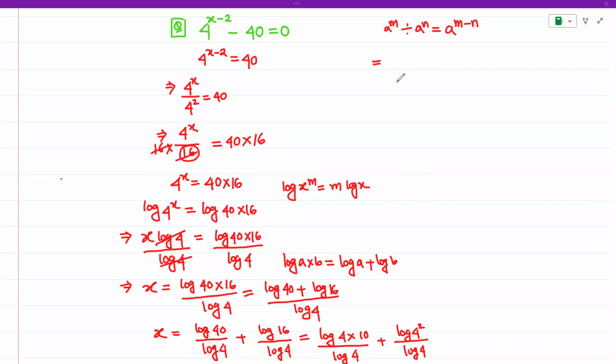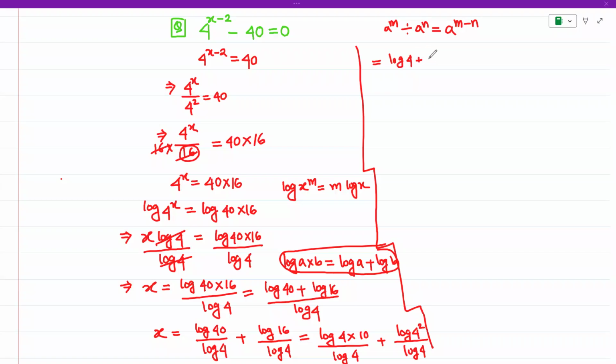So log 40, if you use the product rule here, log a times b equal log a plus log b, that means we can write that log 4 plus log 10 over log 4, plus log 4 power of 2 will be 2 log 4 over log 4.